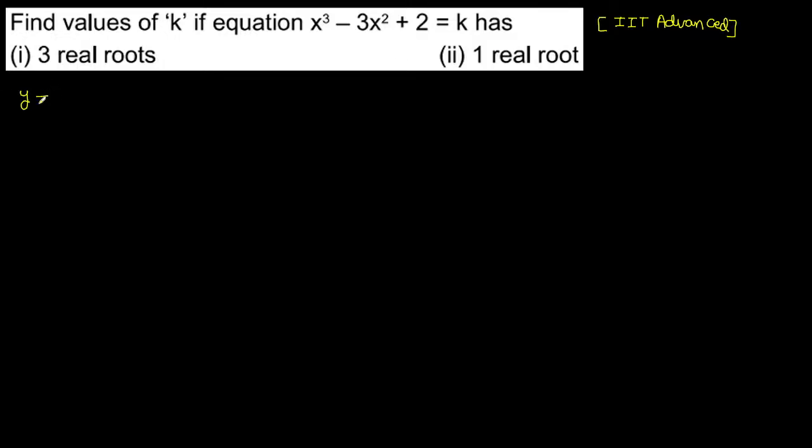Where y equal to x cube minus 3x square plus 2, dy by dx is equal to 3x square minus 6x. If we put it equal to 0, it is x equal to 0, x equal to 2.